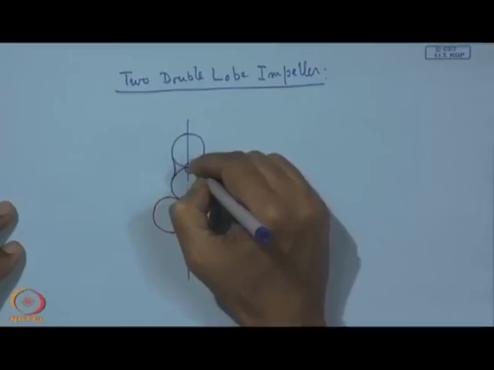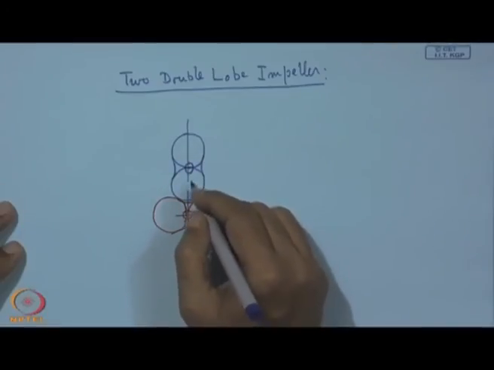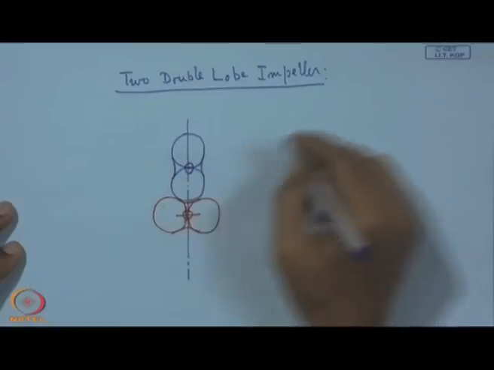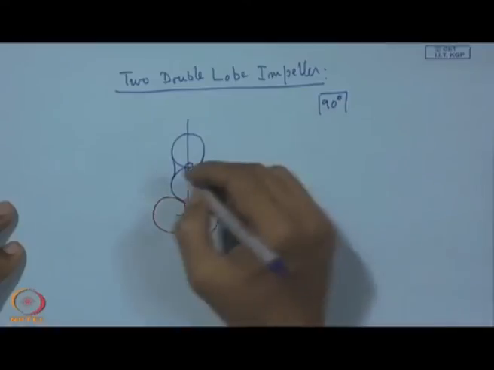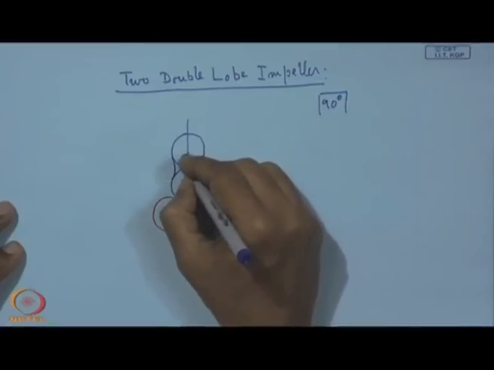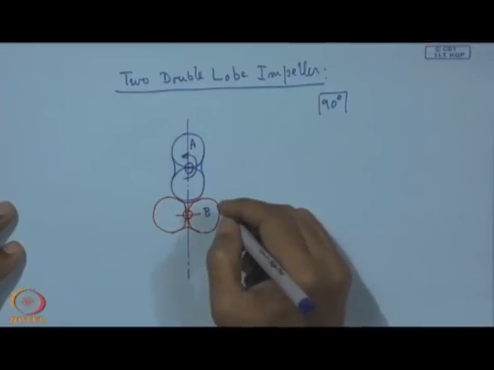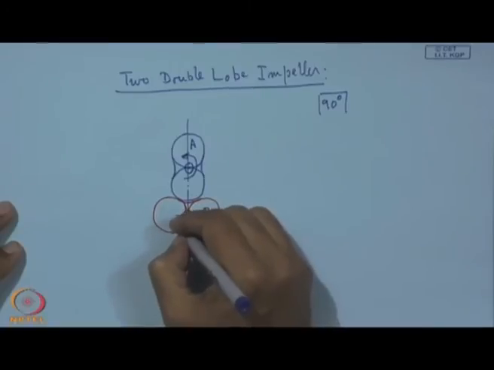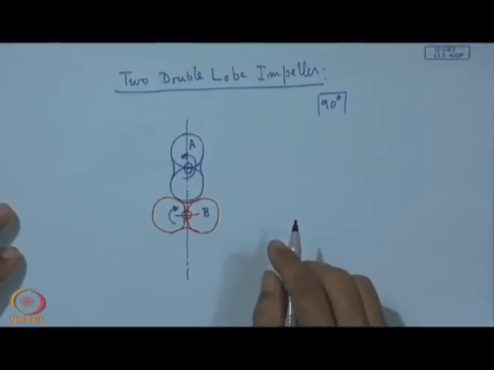This is the axis of rotation, but they are not in contact and they have a 90-degree phase difference, 90-degree phase angle. This top impeller, say A, is rotating in this direction, and B is rotating in the opposite direction. So, these are the two impellers.